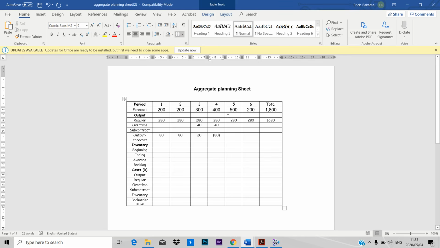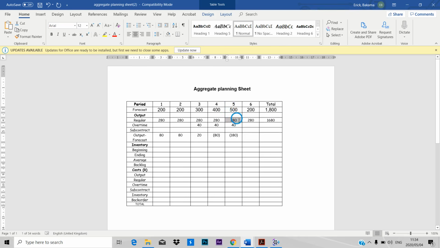So fifth period, the principle is the same. The customer wanted 500 units, but we only produced 280. So let's use overtime again. Because we're going to use overtime here, we get 280 plus 40, which gives you 320. Then you have 320 minus 500, which gives you a negative value of 180, which means again that we're still not able to fulfill the demand, because the demand was 500 and we only produced 320.